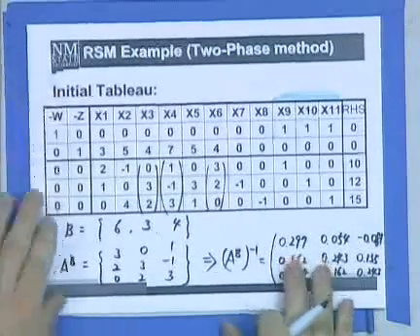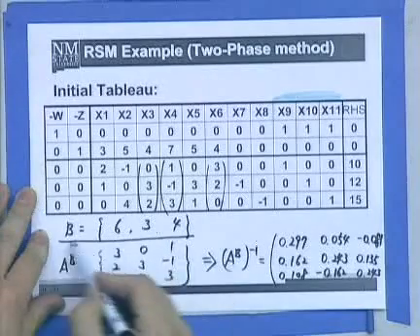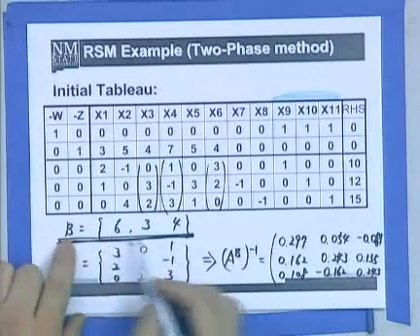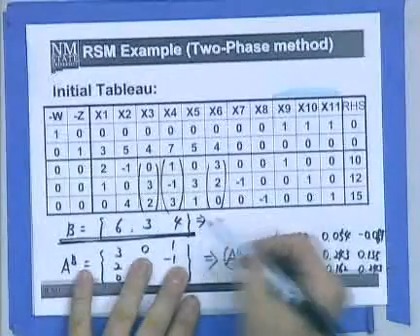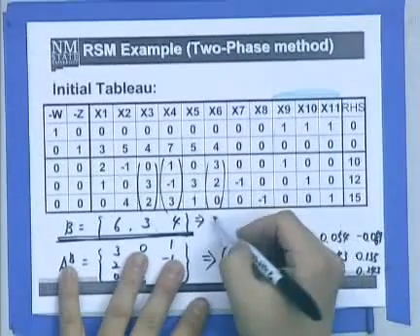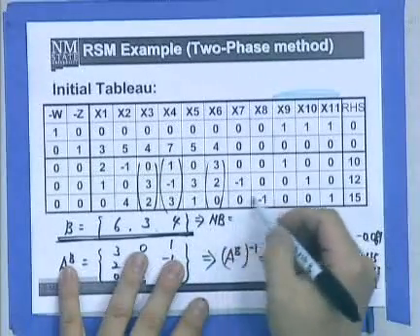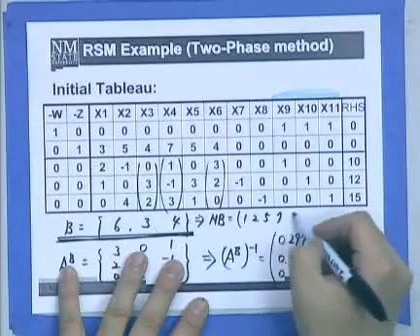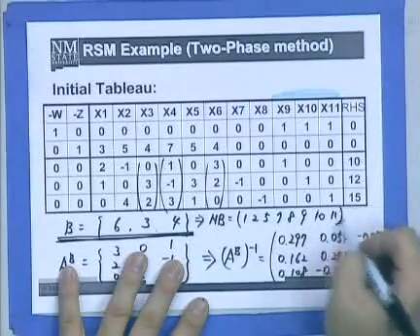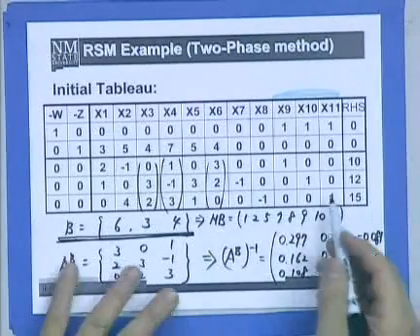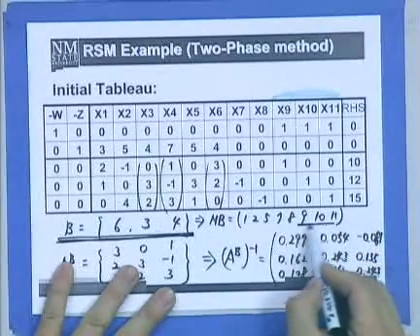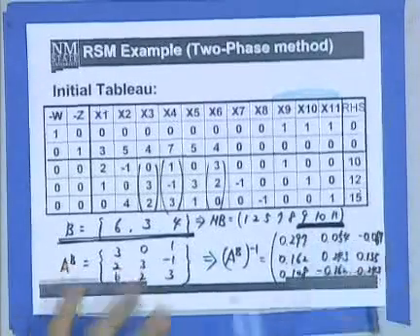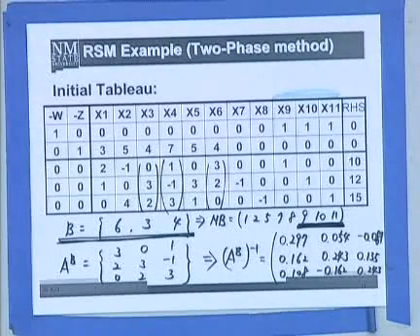Not from the initial table, but just look at the new basis set. Because the new basis set is 6, 3, 4, which tells us currently the non-basis set would be 1, 2, 5, 7, 8, 9, 10, and 11, right? Because all the artificial variables, x9, x10, and x11, are non-basic variables, right?